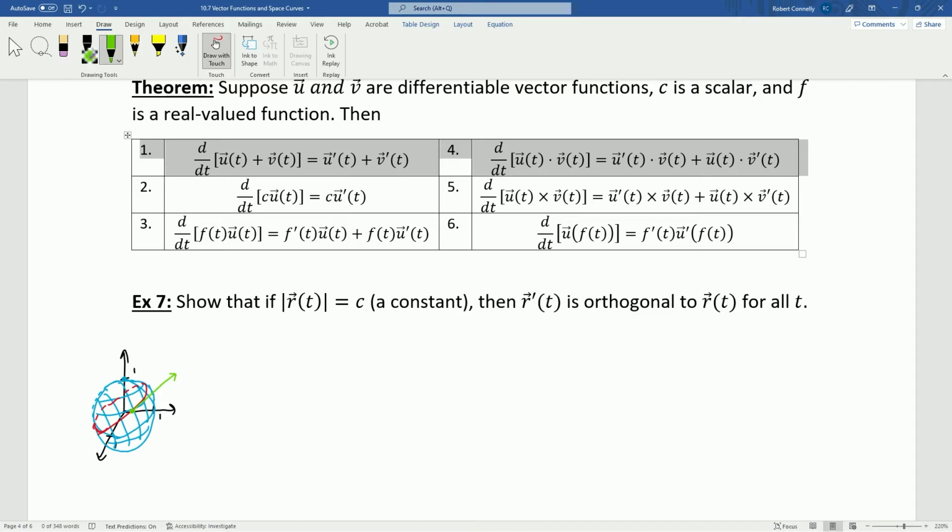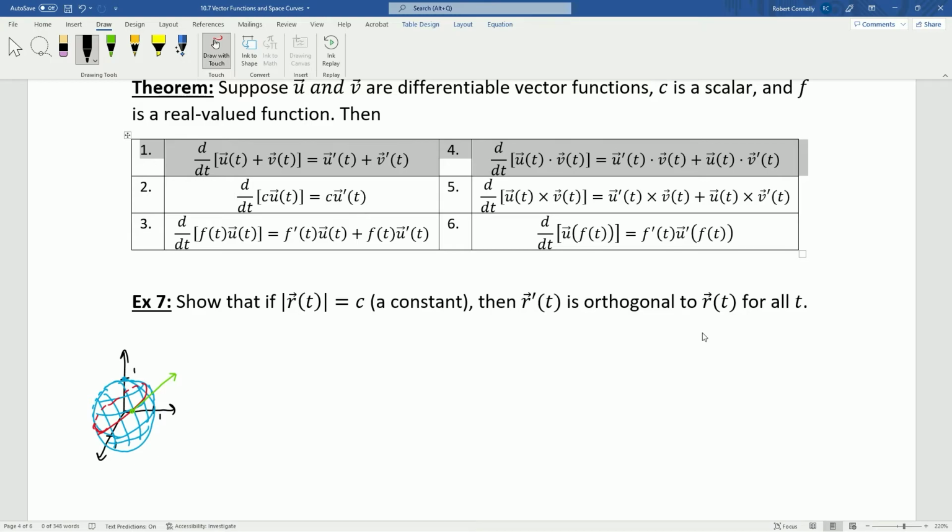But let's actually show that that is always true. So that should make sense for a curve that's on the sphere. But how do we show that that's going to be always true in general? Well, we want to show that r prime of t is orthogonal to r of t. And when do we know that something is orthogonal?